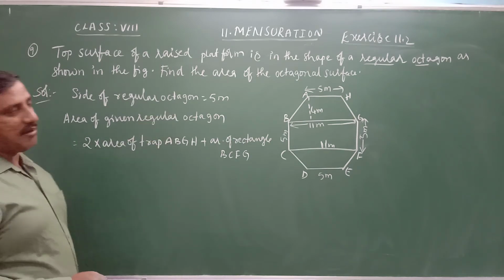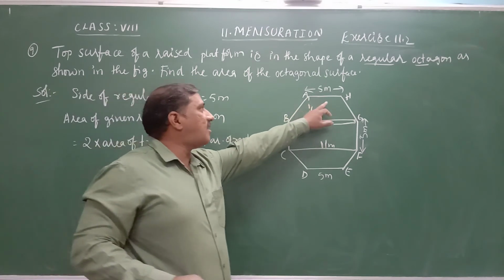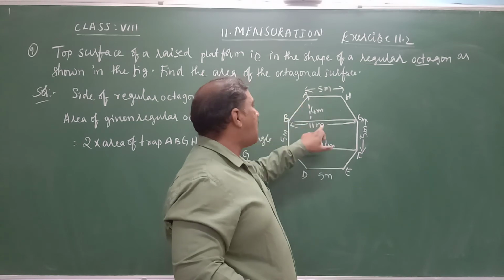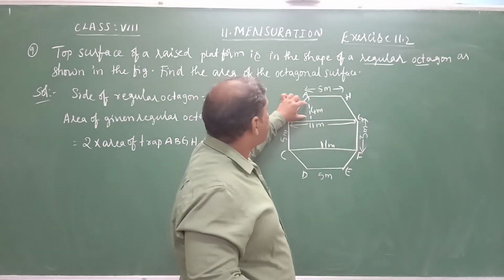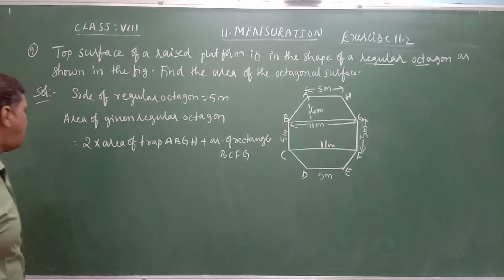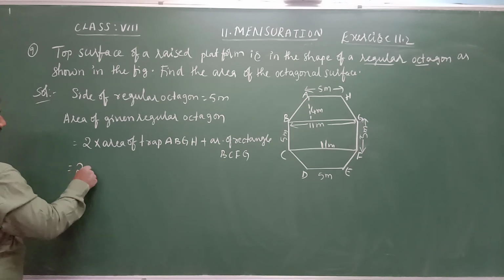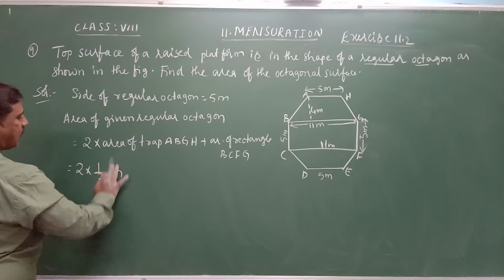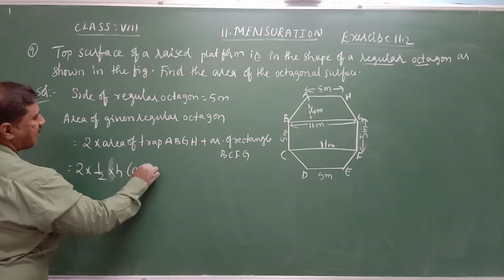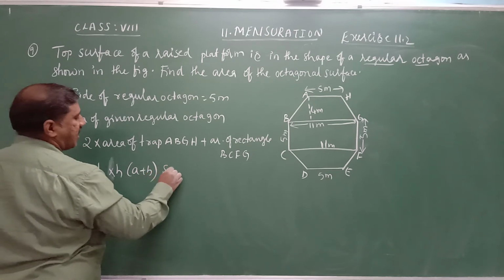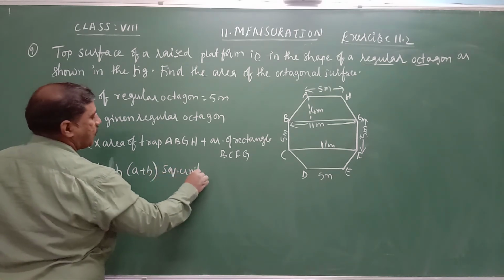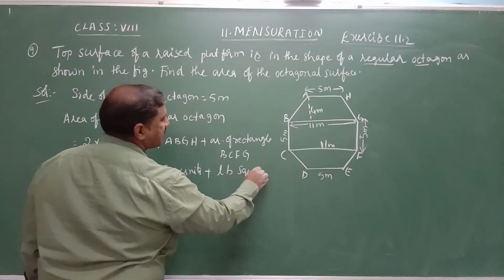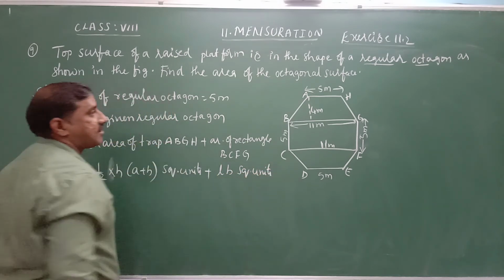In trapezium ABGH, what are the 2 parallel sides? AH and BC. This is a and this is b units. This is the height. Now substitute the formula: 2 into area of trapezium is equal to half into h into a plus b square units, plus area of rectangle is equal to length into breadth square units.